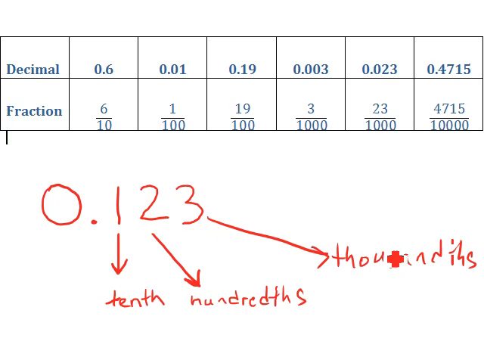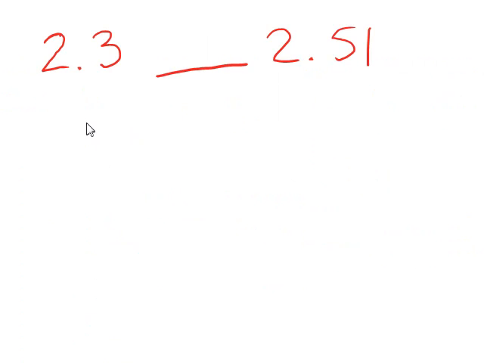But that can also be read as 123/1,000ths. So this is very meaningful in that this doesn't mean 0.123, it means 123/1,000ths. This becomes super important when you're comparing decimals and also converting and comparing fractions as well. We'll talk about that in a second.